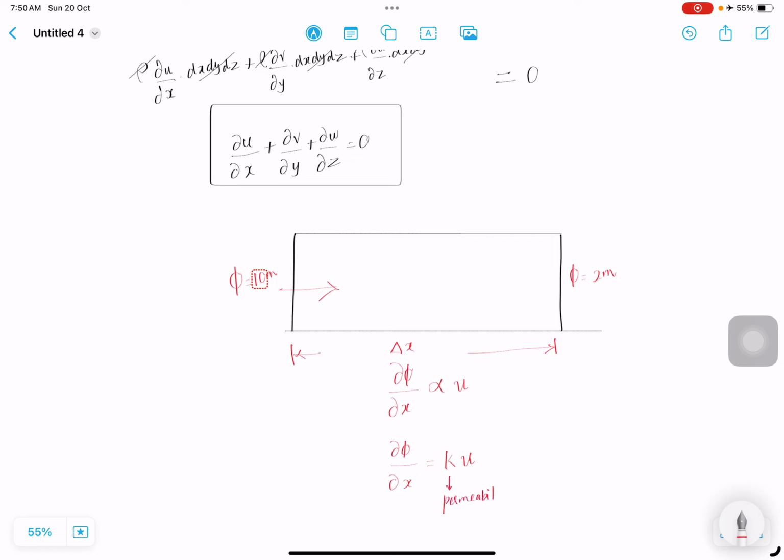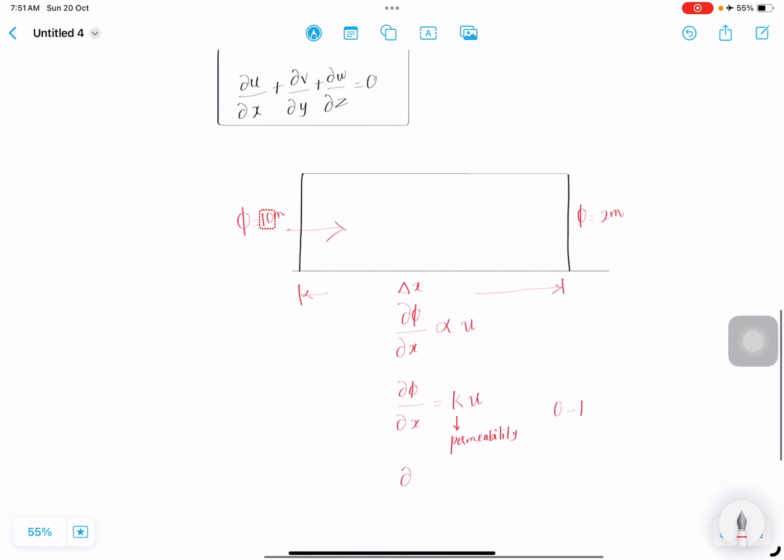So that is going to be decreasing the fluid flow velocity. The permeability value can vary from 0 to 1, because if there is no membrane, and if the pipe is perfectly smooth, we can assume that K value to be 1. So if we assume K value to be 1, then what happens to this equation? Dou phi by dou x will be equal to u.